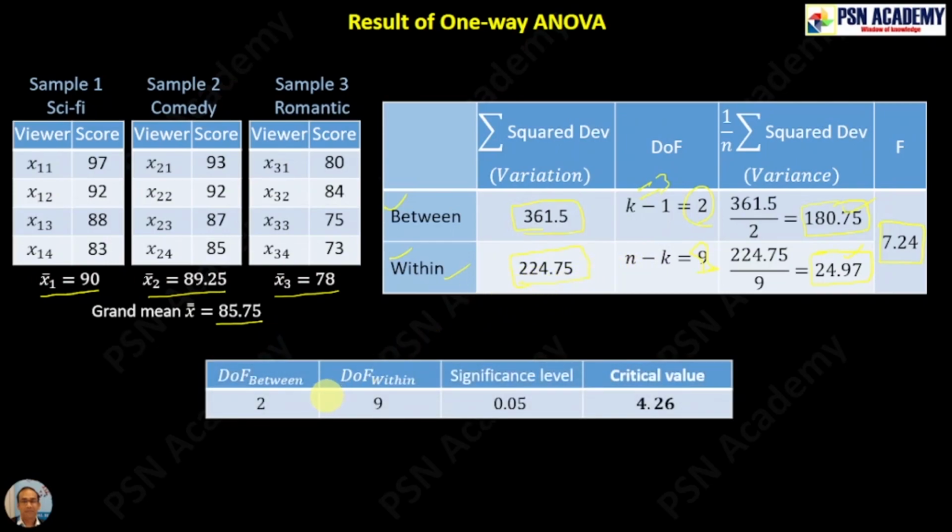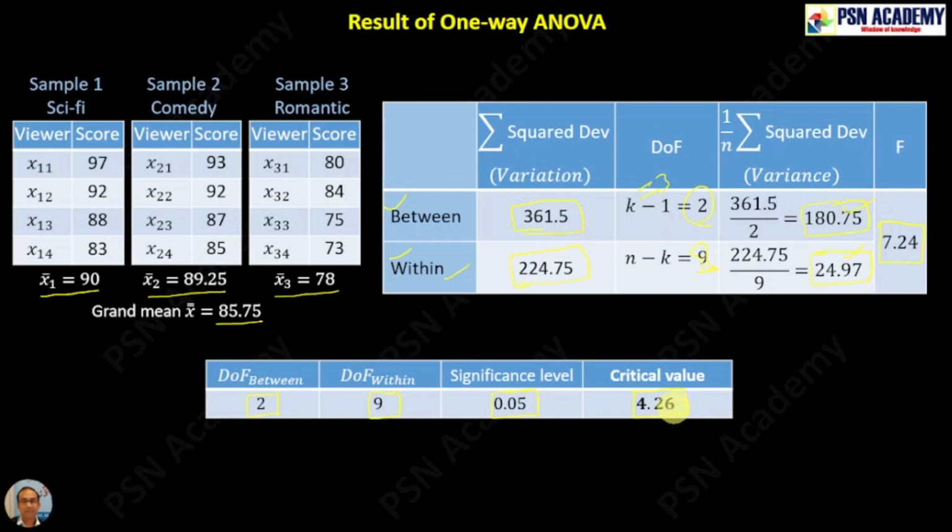Now after this, if we consult the F table, DOF between is 2 and DOF within is 9, and our significance level is 0.05, then the table says that the critical value is 4.26. And you can clearly see that our F score is 7.24, which is way beyond 4.26.